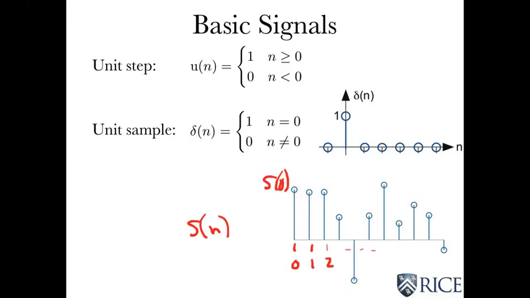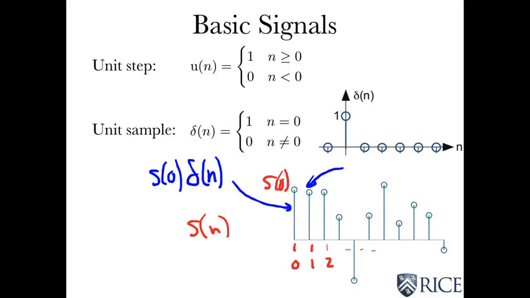What is the signal at the origin? Well, it's a unit sample whose amplitude is S of 0. Okay? S of 0 is just a number. So what the signal is at the origin is a unit sample.